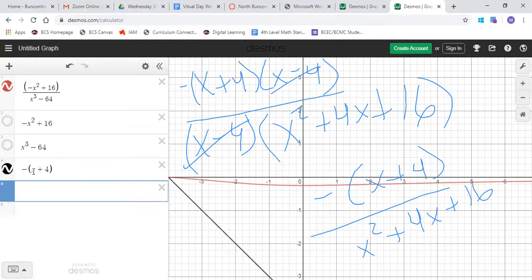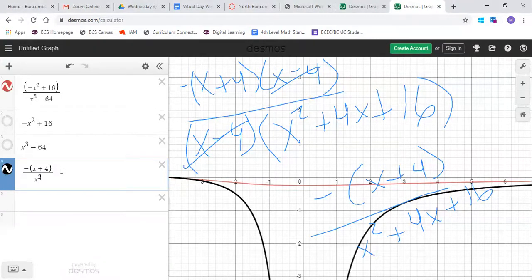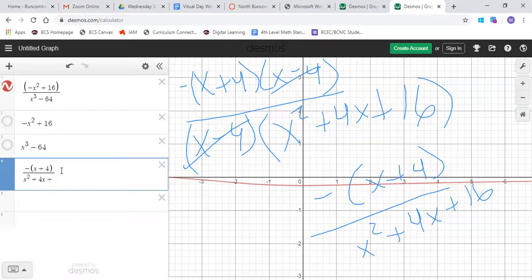I'm going to go ahead and put this as a division problem now, divided by, make sure that negative is up in the top. Okay, and I'm going to write x squared plus 4x plus 16. And notice that it overlaps. That means it is completed.